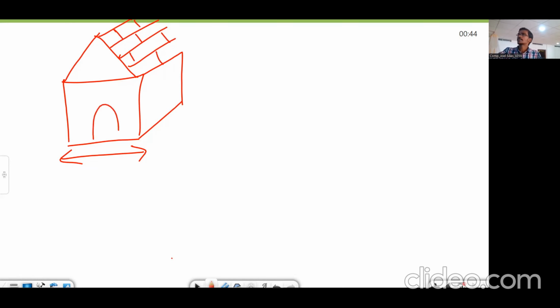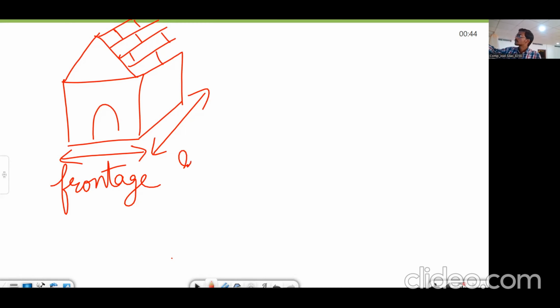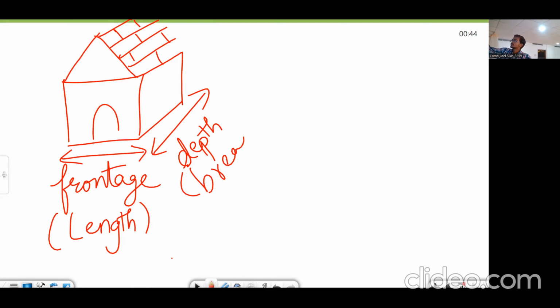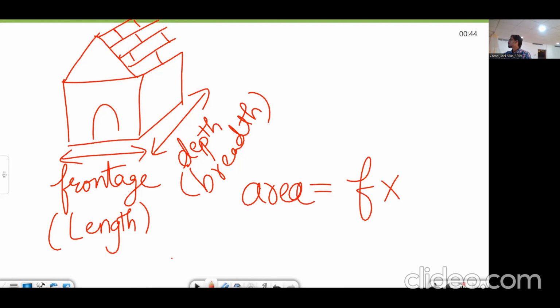This is called the frontage, the front area of the house. And this is called the depth or the breadth. Basically, frontage is nothing but length, and depth can be assumed as breadth. So the area of this particular house will be nothing but frontage into depth.